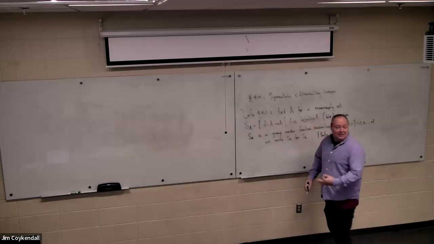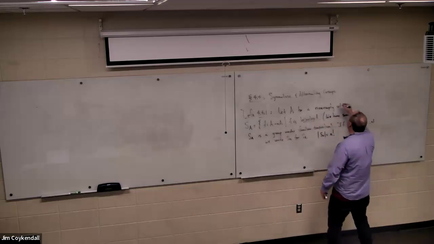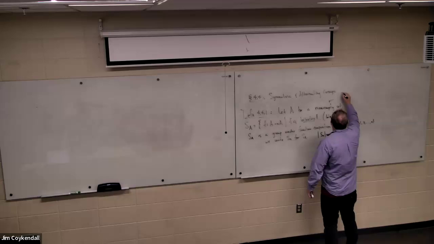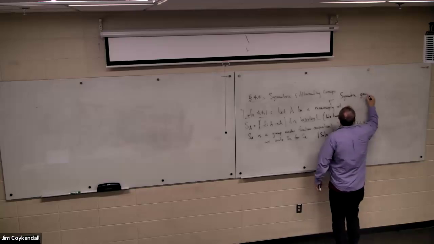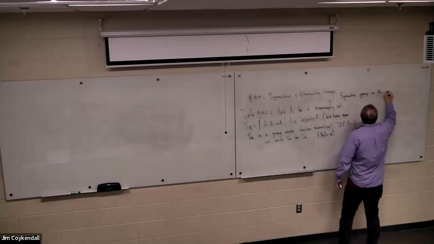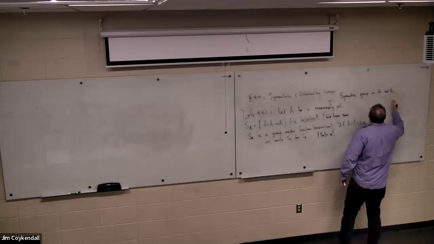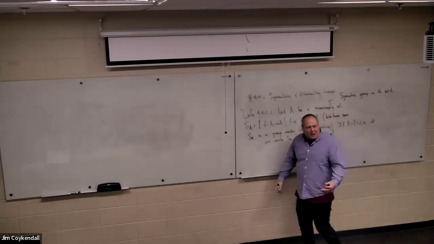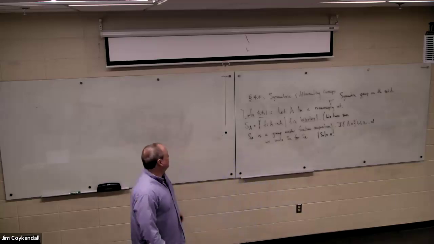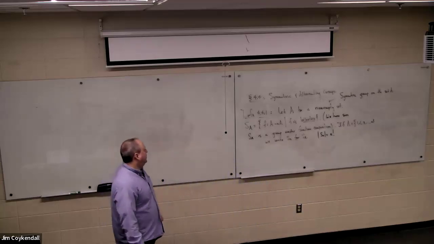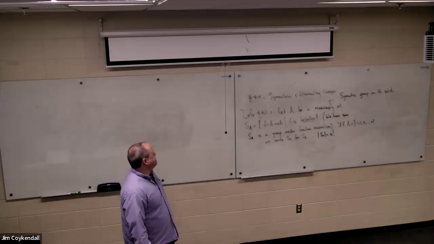I gave you a definition, I didn't even tell you what to call it. This is called the symmetric group on set A. Sometimes it's called the group of permutations on the set A, but it's just bijective maps.